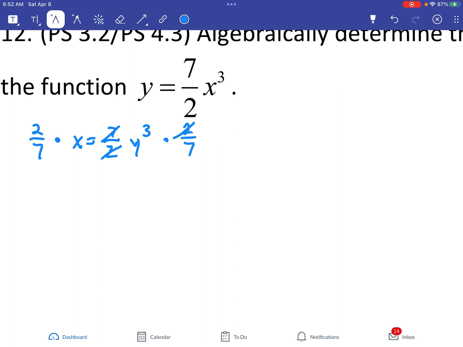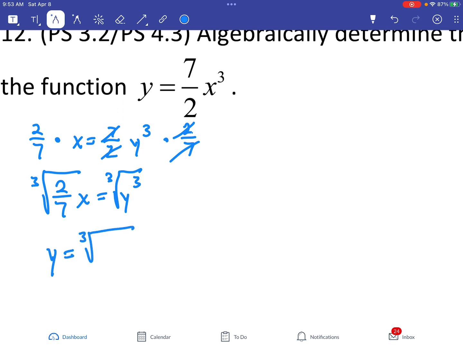Then the 2's and the 7's cancel. So we'll get 2 over 7 times x equals y to the 3rd. Now that our exponent is by itself with the variable, we can cube root both sides. So we're going to have y is equal to the cube root of 2 over 7x.